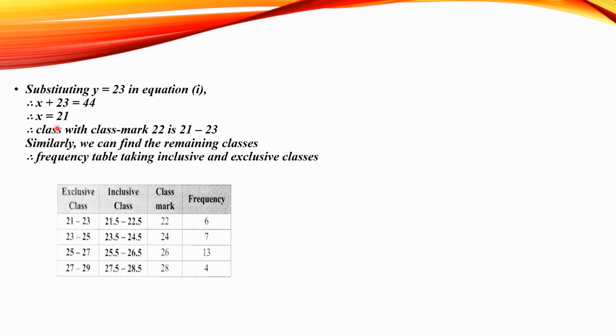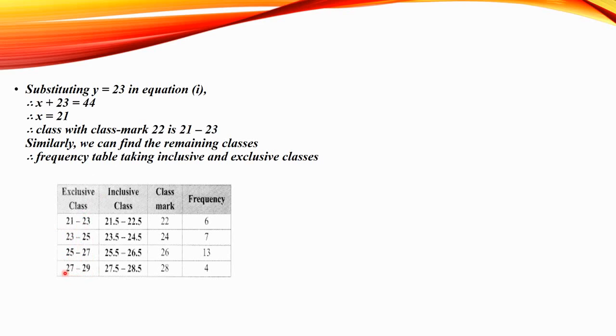Now, the class with class mark 22 is 21 to 23. Similarly, we can find the remaining exclusive classes: 21 to 23, next class 23 to 25, then 25 to 27, and 27 to 29.